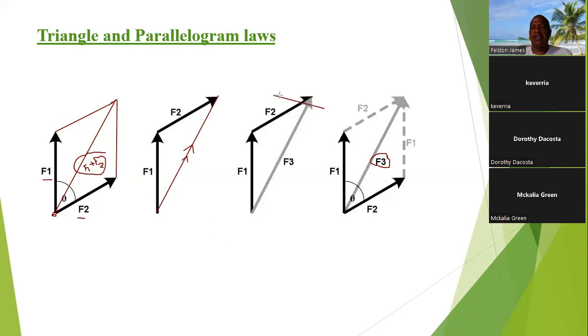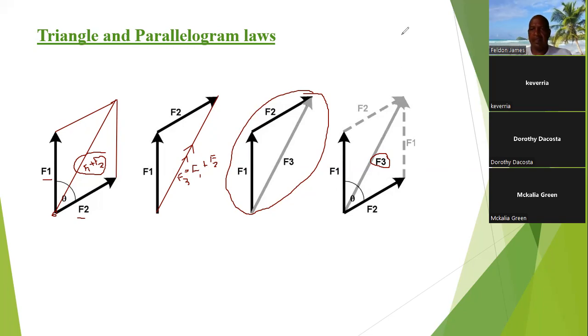That would represent this scenario. This resultant would also be F1 plus F2. In other words, F3 is equal to F1 plus F2. Is that clear, guys?